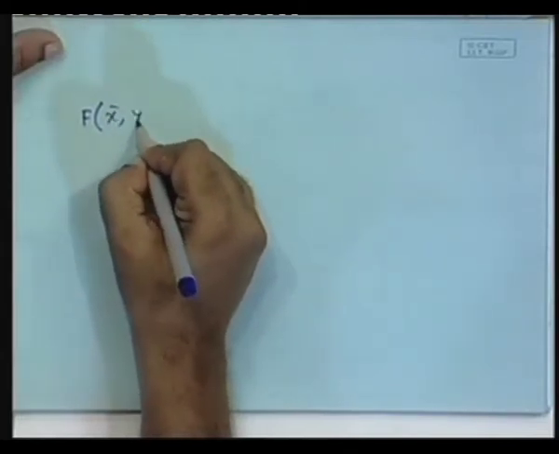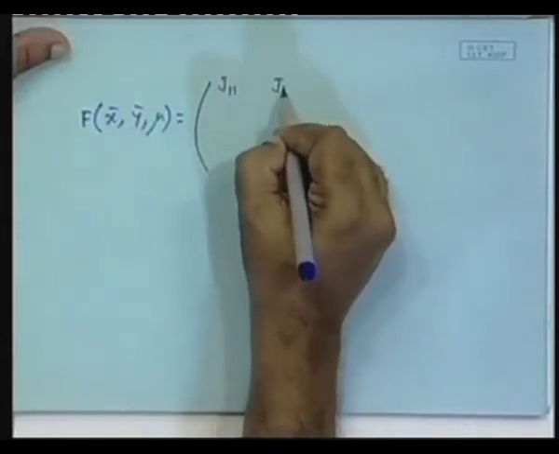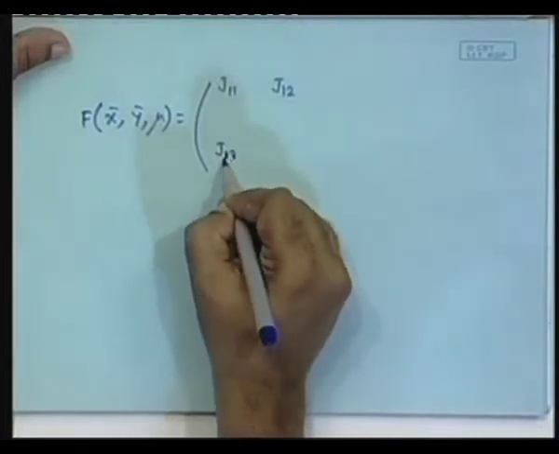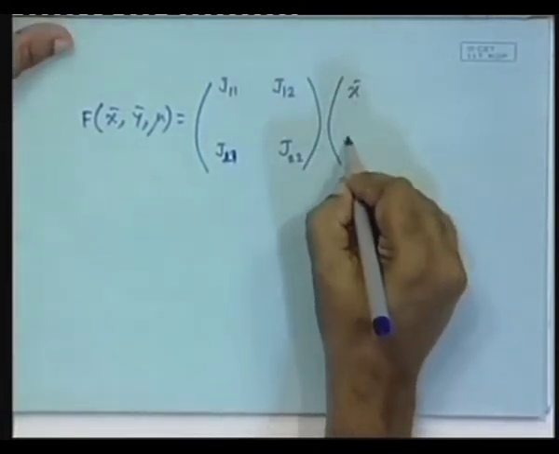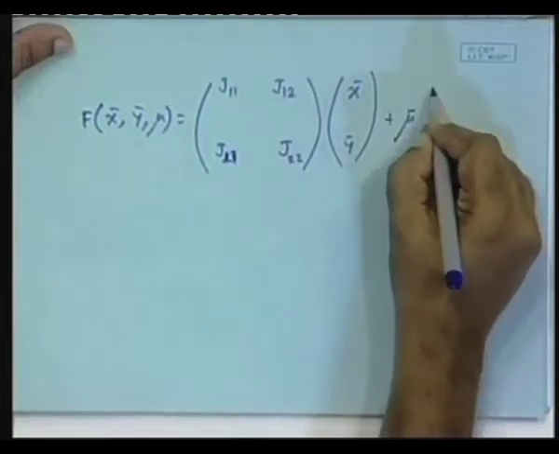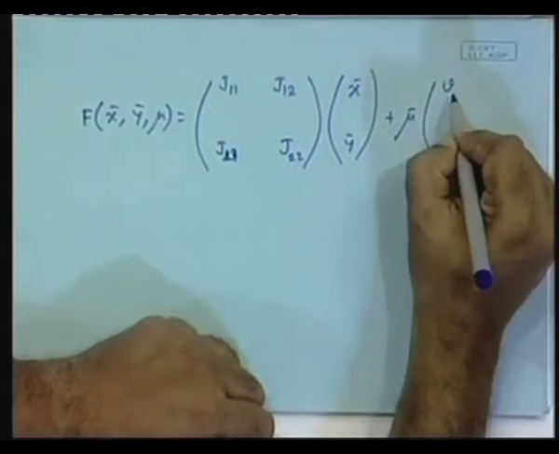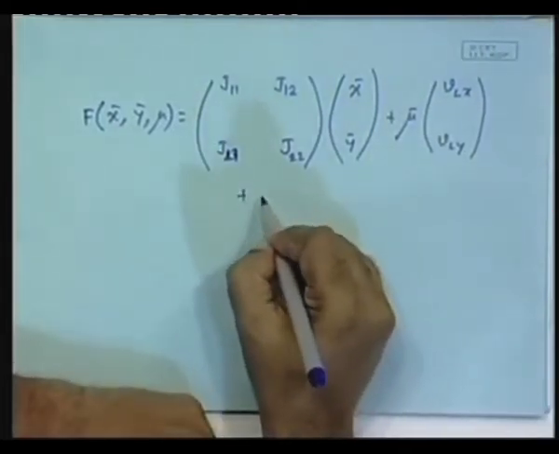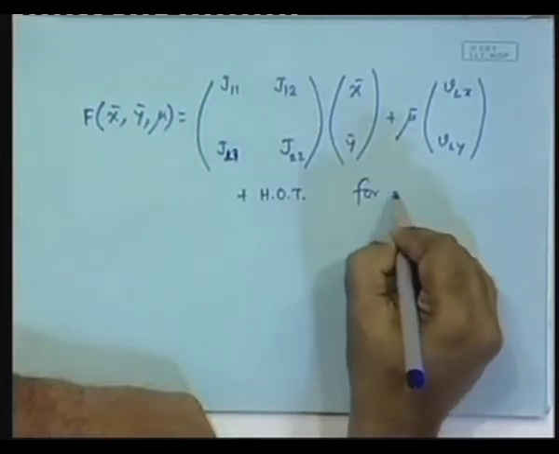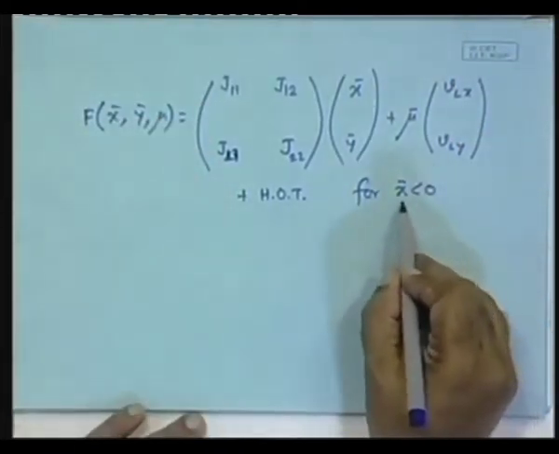As a result, we will say this f of x bar, y bar, mu bar will consist of J11, J12, J21 and J22, the Jacobians, times x bar, y bar, plus mu bar times, here also the partial derivative with respect to mu has to be taken, which will be VL x and VL y, plus the higher order terms for x bar less than 0, and similarly there will be similar terms for x bar greater than 0.